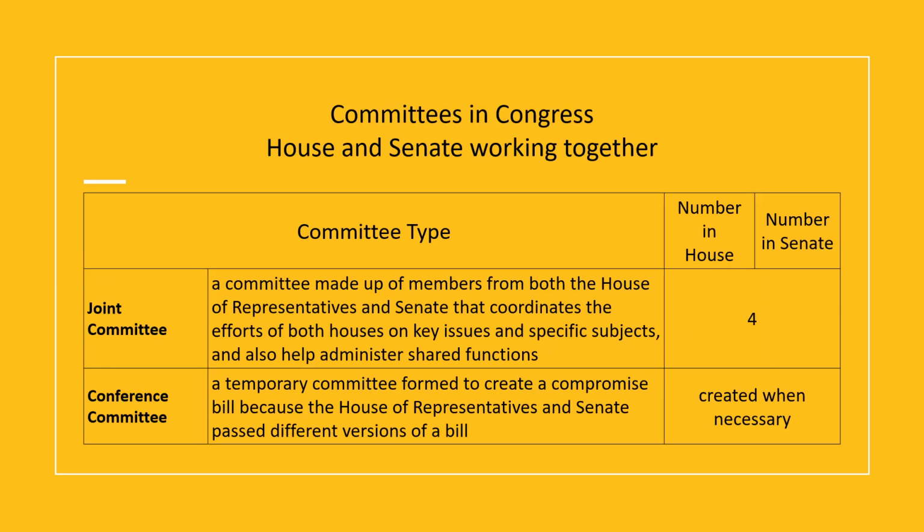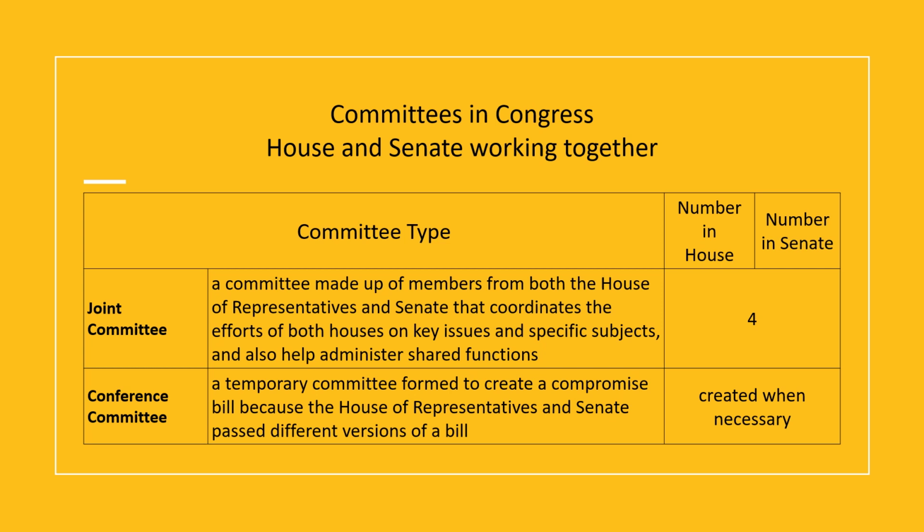What about committees that are shared between both houses of Congress? Well, there are joint committees, and joint committees are those committees where both House and Senate members sit to coordinate the work of both houses. So think about what we just said about the legislative process.